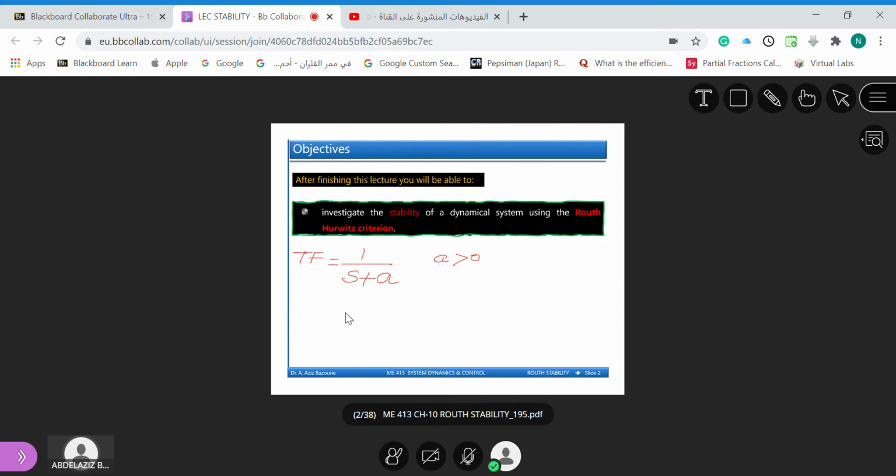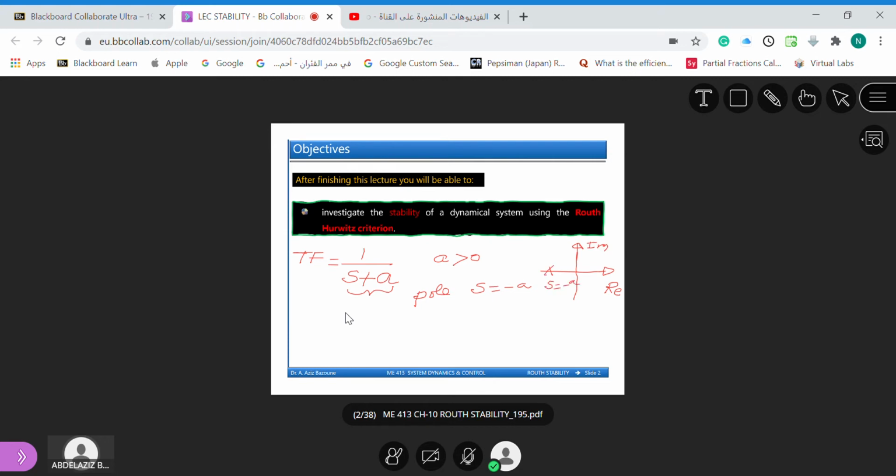What is the pole here? The pole is s is equal to minus a, and in the complex plane, this is the real axis, this is the imaginary axis, so s is equal to minus a is here.